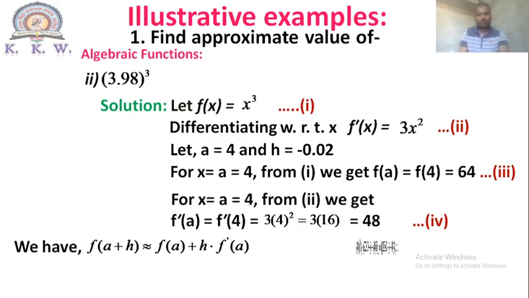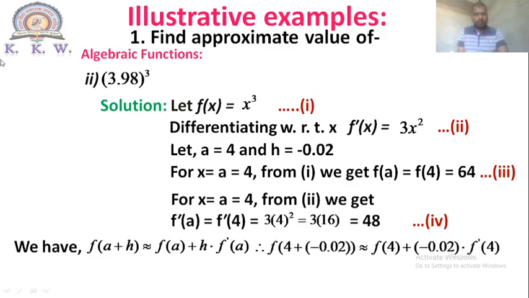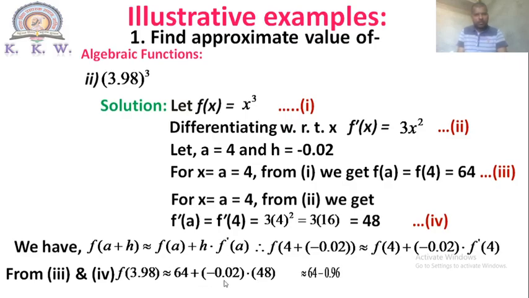Therefore, f of 4 minus 0.02 approximately equal to 64 minus 0.02 into 48. Value of f of 4 is 64. Value of f dash of 4 is 48.